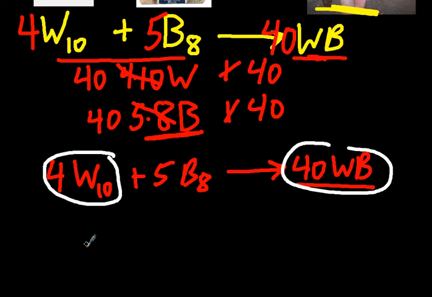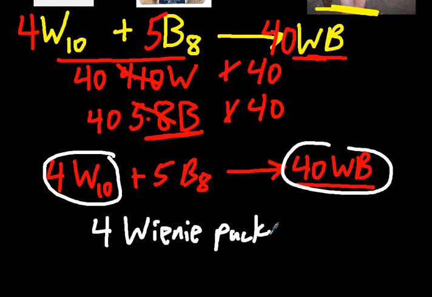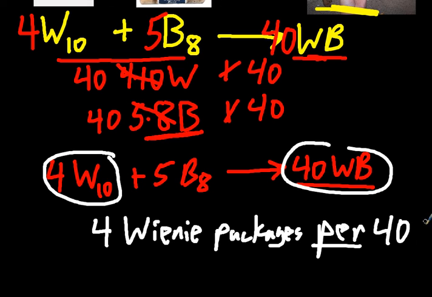We could also say we have 4 weenie packages per 40 hot dogs. We'll just say HD, hot dogs, or weenie bun combinations.